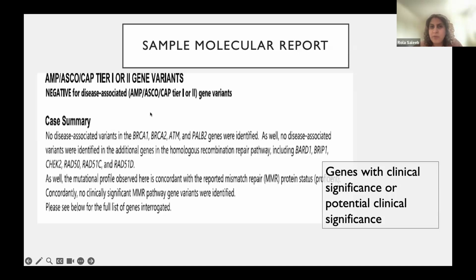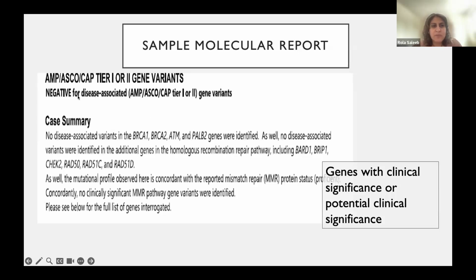What we're looking for when we look at the mutations are genes with a clinical significance or potential clinical significance, which means not every mutation counts. Some mutations are proven to be not useful. They don't make any difference to the treatment given. And some mutations we don't know. It's still early and we're still discovering more about them. And some mutations are known to have an effect and likely to make a difference when you give the patients the treatment.